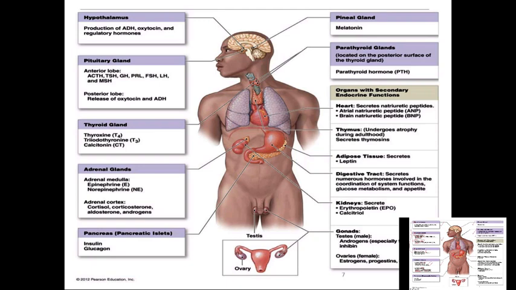Pancreas, which is a mixed gland, it's mixed because it's endocrine and exocrine. Insulin and glucagon are endocrine. The exocrine portion is by the acinar cells that makes the digestive enzymes. Pineal gland, not to be confused with pituitary gland, a little bit more in the posterior portion, where the pituitary is a little bit more anterior. There's the pituitary.